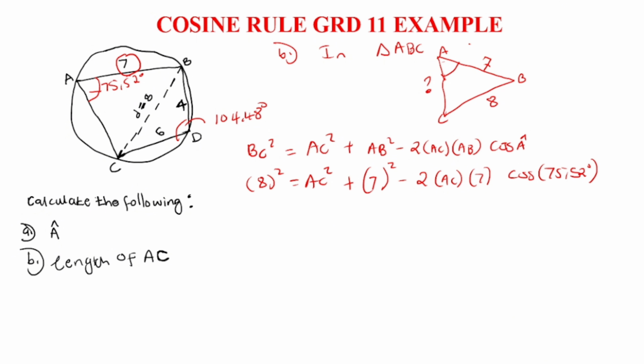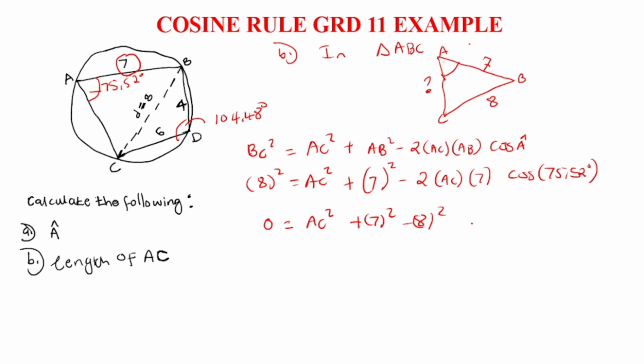So now what are we left with here? We need to do the algebra. Let's come ahead here and try to solve this. We're going to take everything to one side, 0, and therefore AC, which is this one here. I took 8 squared to that side, which is going to give me plus 7 squared minus 8 squared.